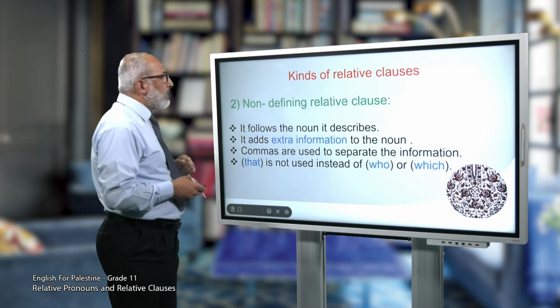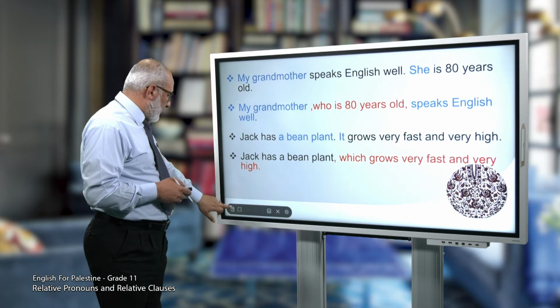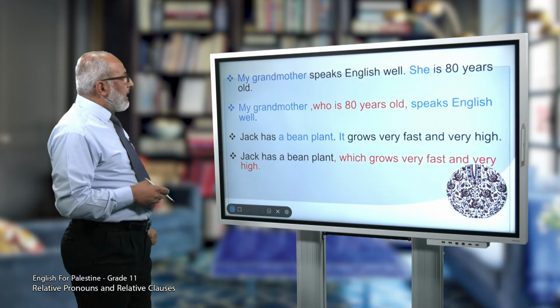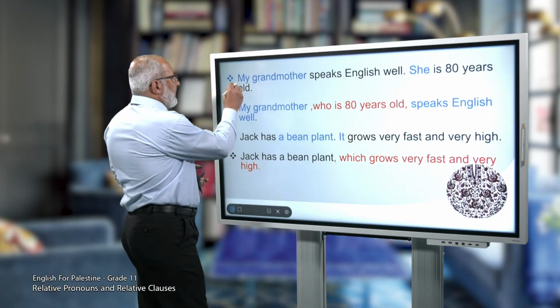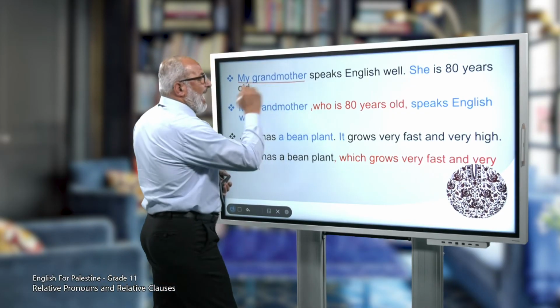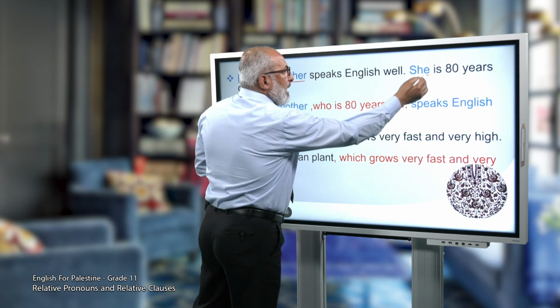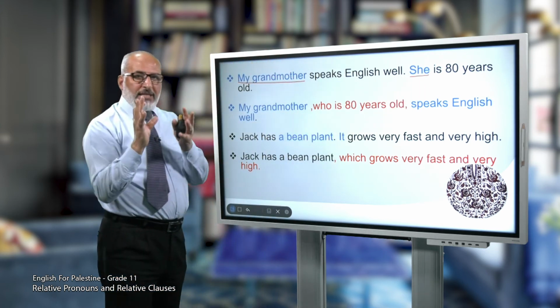Let's see now some examples. Look here. My grandmother speaks English well. This is a complete sentence. She is 80 years old. My grandmother and she. We use the same steps.